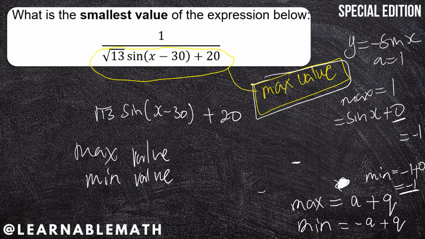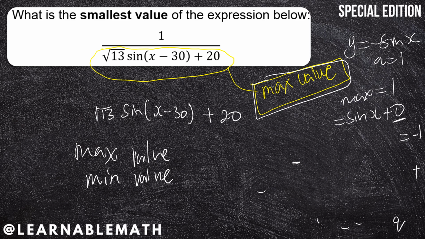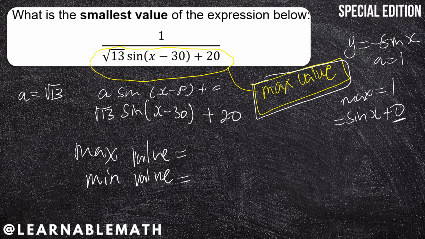With this understanding, we can now solve this question. It's very simple. They don't want you to sketch; they want you to understand the relationship between your amplitude and your vertical shift. In this function, the amplitude is root 13. Remember, the function notation is a sin(x minus p) plus q.